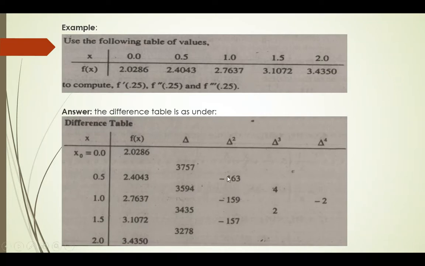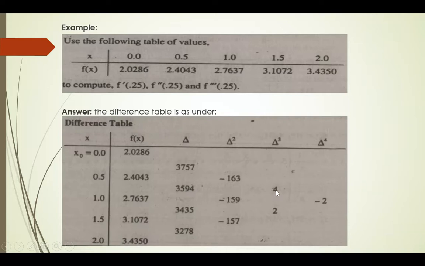Put a 0 here, then a decimal sign, so this minus 163 is actually minus 0.0163. This minus 159 is actually minus 0.0159. This minus 157 is actually minus 0.0157. That is one digit.